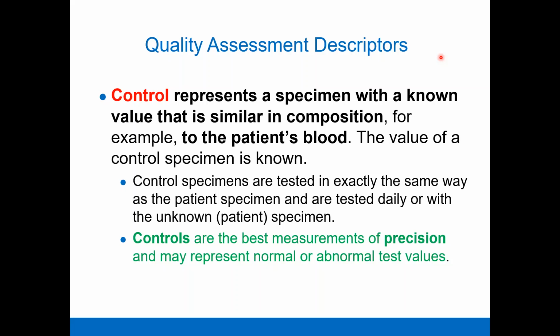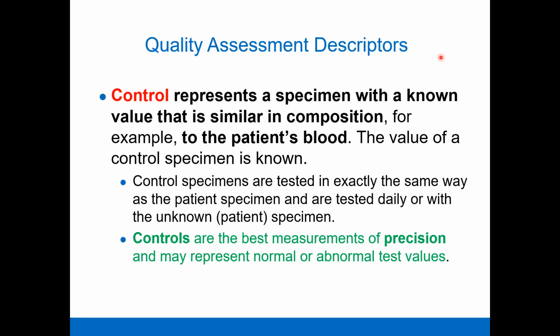A control represents a specimen with a known value that is similar in composition to the patient's blood. And controls are the best measurement of precision.